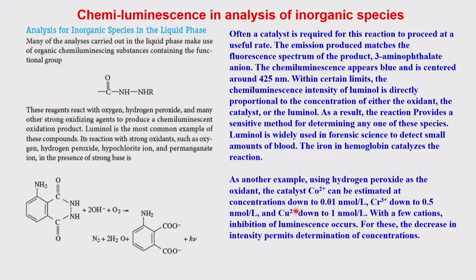Concentration can be gauged down to 0.01 nanomolar, and chromium 3 you can do for 0.5 nanomolar, and copper down to 1. So you can study cobalt, chromium, copper, several cations, so no problem. It is very extensively used for inorganic species in all these.